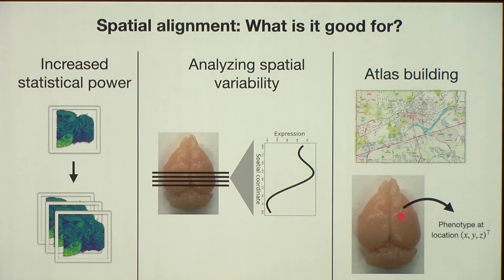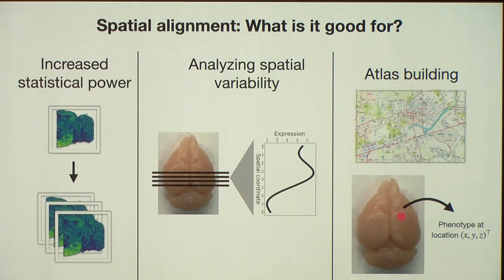Second, once we have samples aligned within a common coordinate system, we can get an estimate of the variance at a particular location in space, as well as across dimensions in space, in particular perhaps across the z-axis of space as opposed to just the x and y axes. And third, as we collect more and more of these spatial genomic samples, it creates an opportunity to create spatially resolved atlases.